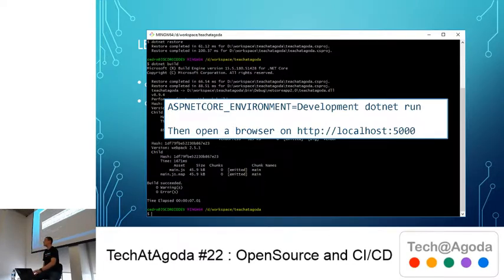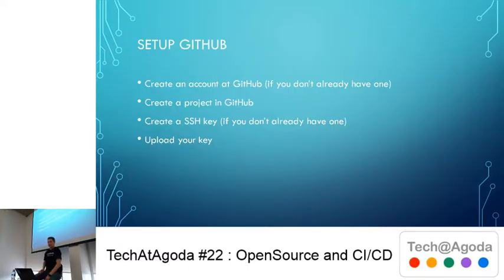We're gonna push our code to GitHub. If you don't have an account, then now it's time to create it on GitHub.com. And if you already have one, then just use it. We will need an SSH key. If you don't already have one, you can use Git Bash on Windows to do a ssh-keygen and generate it.